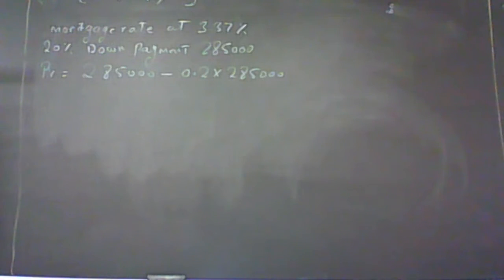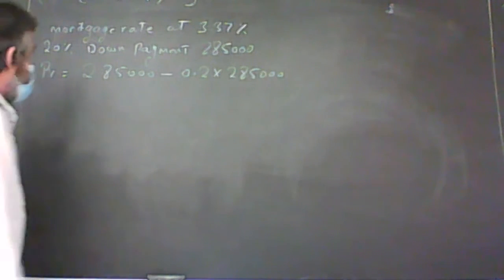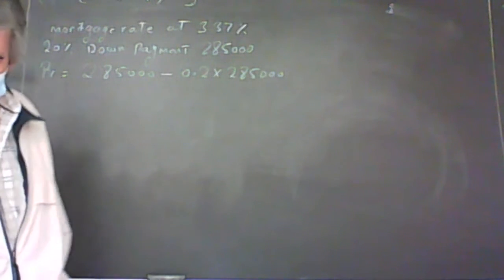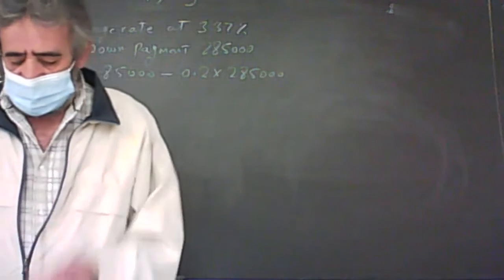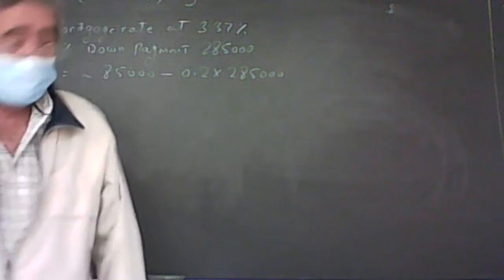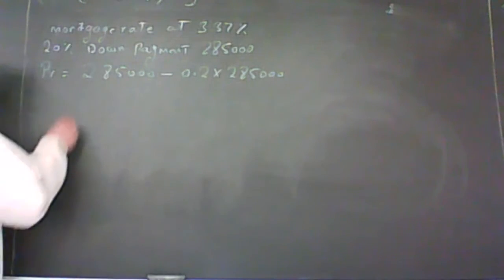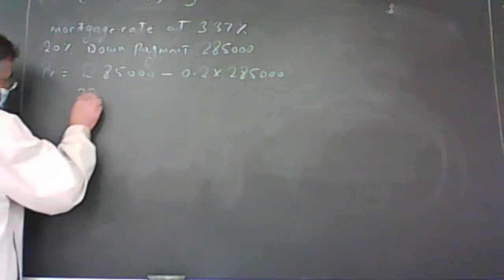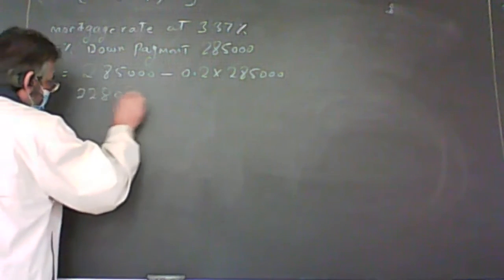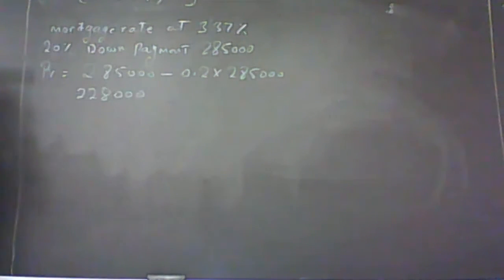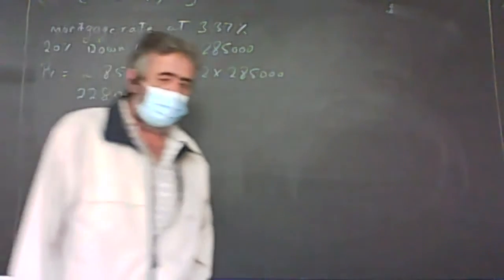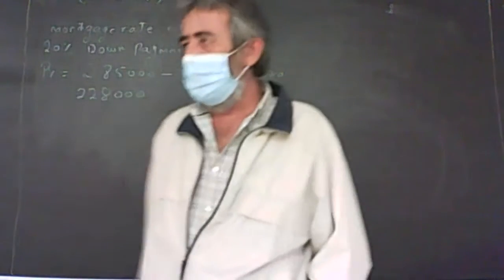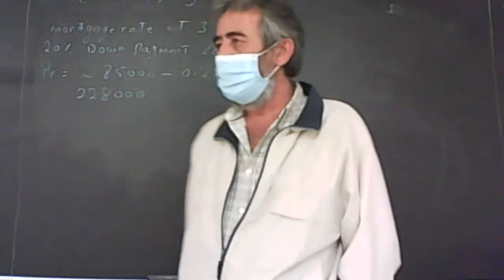Then if we multiply these, the amount would be $228,000. So this is how much money you're going to borrow from the bank to buy the house.